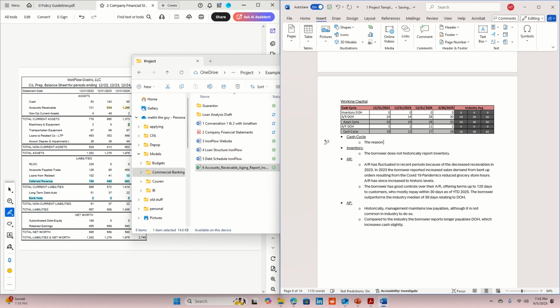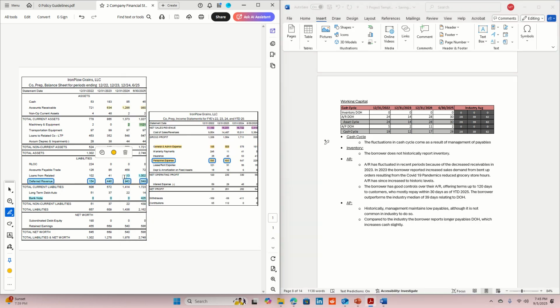No. The fluctuations in cash cycle come as a result of management of payables. Now let's check what their management of payables is like. They paid off a ton of money. You see that?